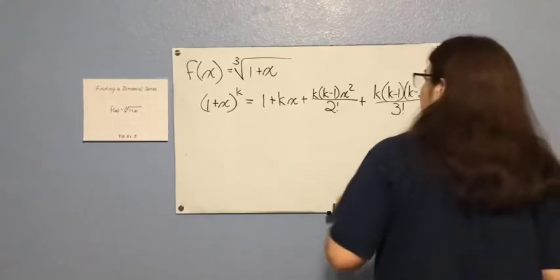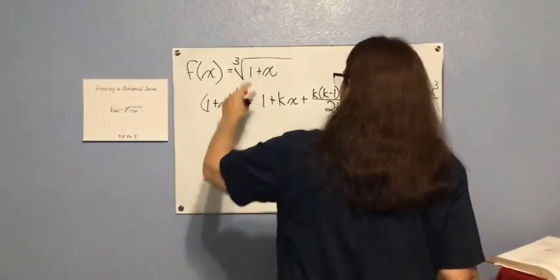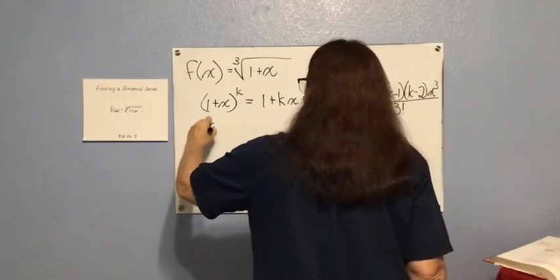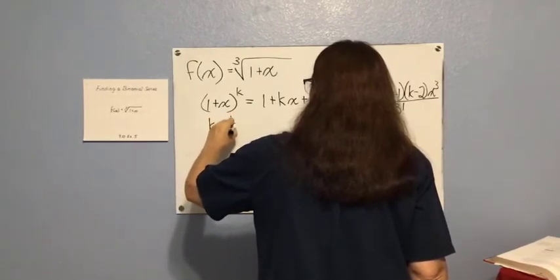And we're going to let k equal cube root. So k is equal to 1/3.